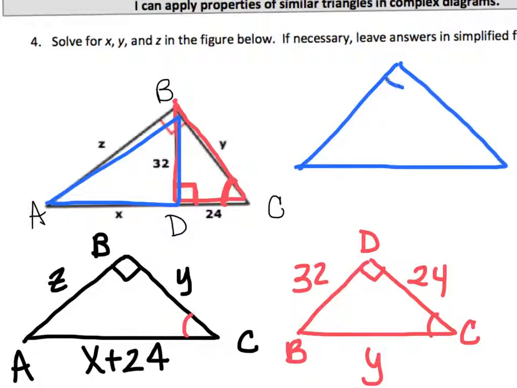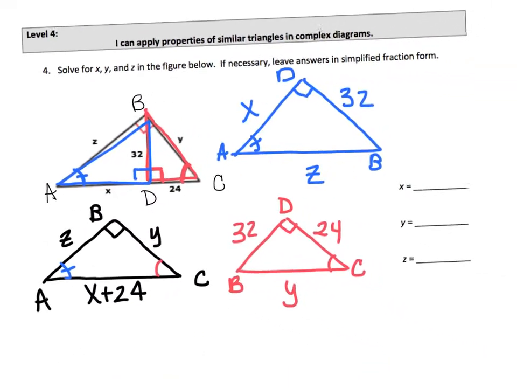Still drawing the right angle up above so it matches that first one we drew, and that right angle is going to be D. And then the angle that the big triangle and the blue triangle share is angle A. So I'm going to put A in the same place that I put it in the black triangle. And then the last angle in that triangle is angle B. Then I'm going to label all the sides. So AD was X, AB is Z, and BD is 32.